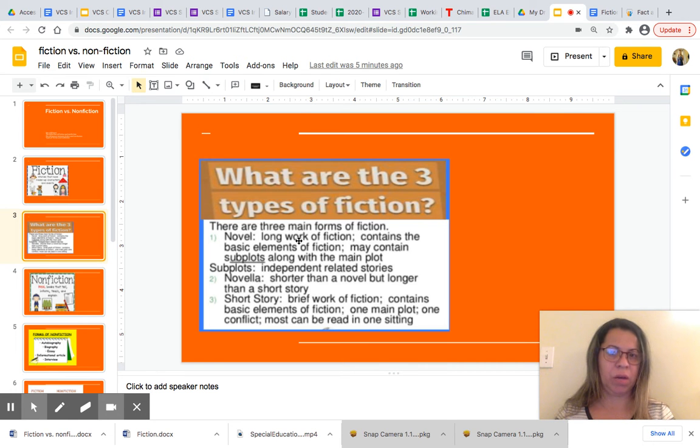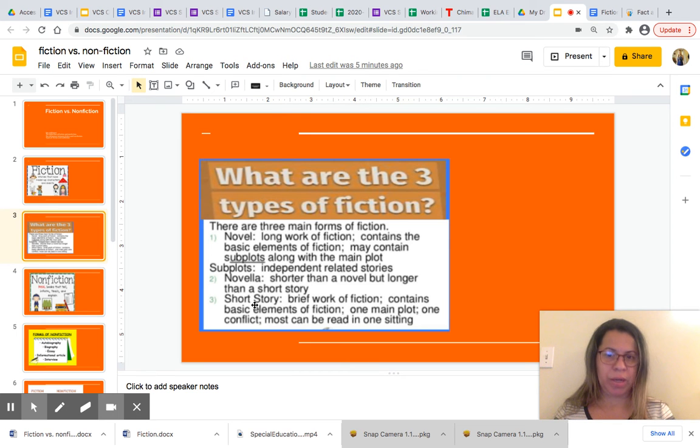1. Novel: long work of fiction, contains the basic elements of fiction, may contain subplots along with the main plot. Subplots are independent related stories. 2. Novella is shorter than a novel but longer than a short story. 3.